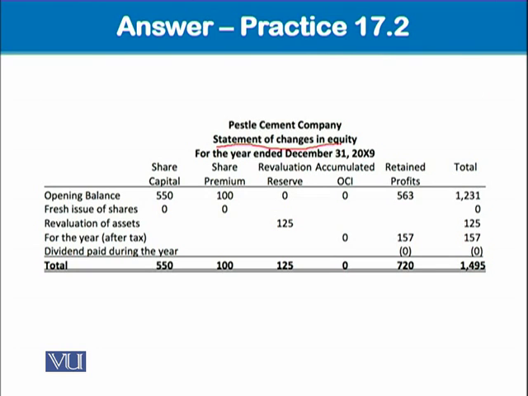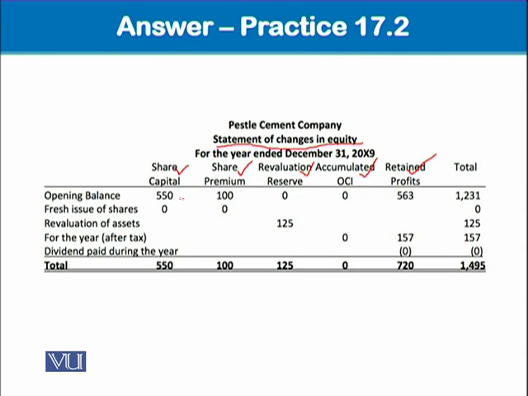Statement of changes in equity, we know very well that we have to have these columns. It covers all the accounting heads that belong to the owner's equity: share capital, share premium, revaluation reserve, accumulated OCI, and retained profits.